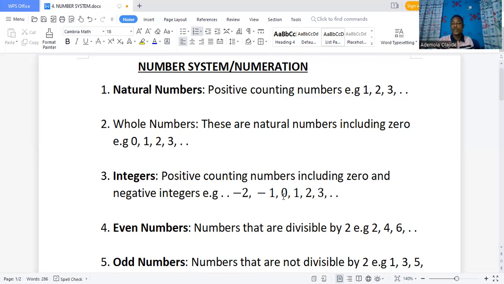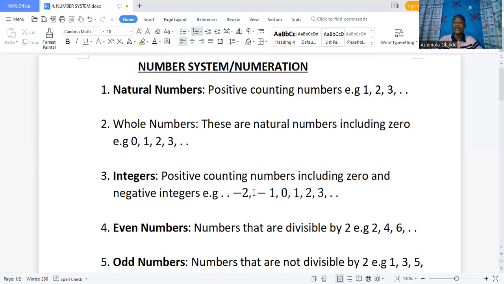You can see too that integers are not decimals. They are not decimal numbers. That is, they don't have a decimal part.